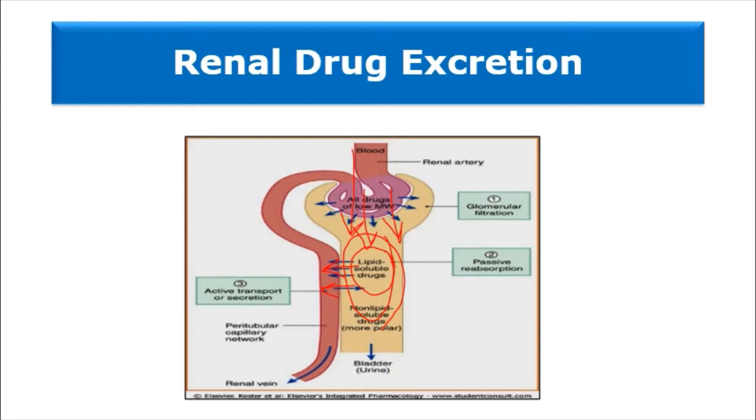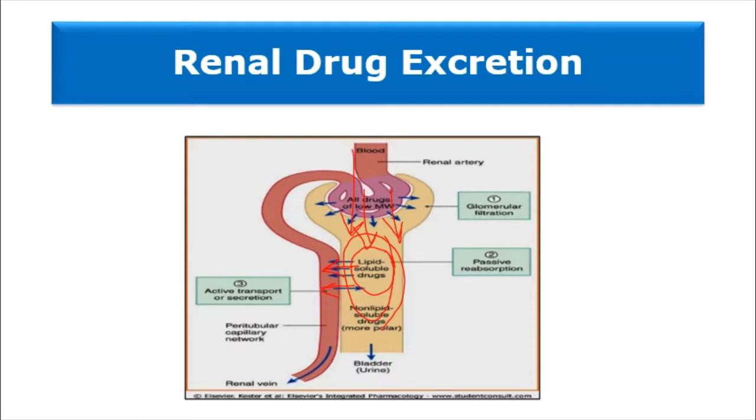The way it's reversed for the basic drugs. So once we have an acidic pH within the medium and we have a basic drug, there's a low chance for that drug to be reabsorbed back to the systemic circulation.